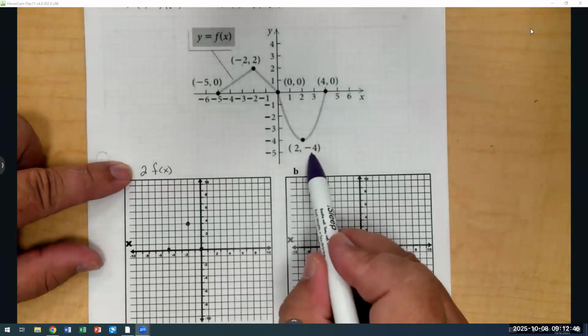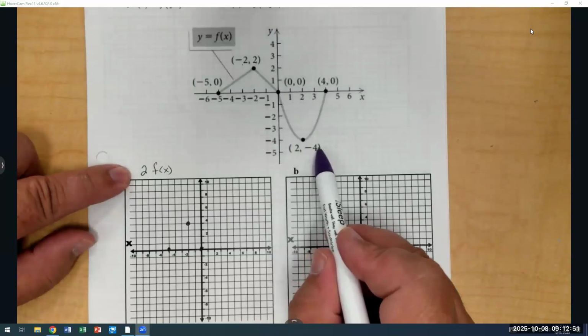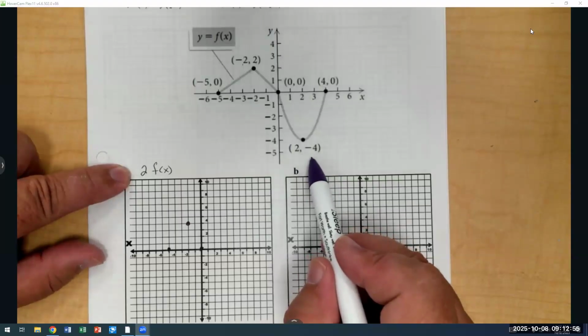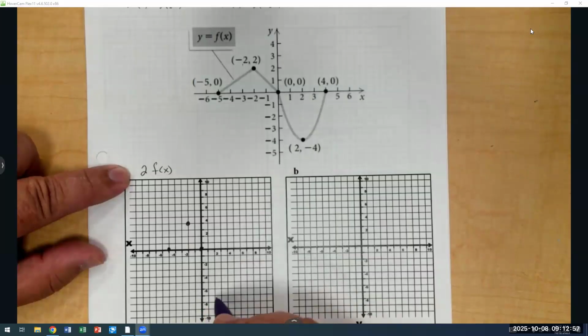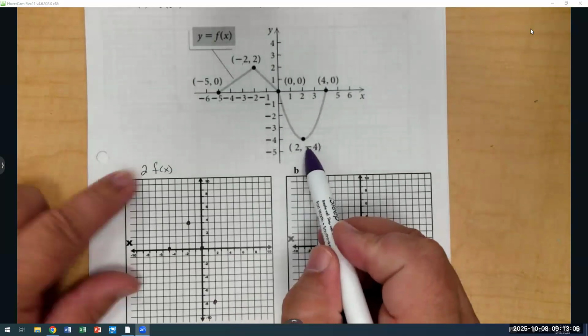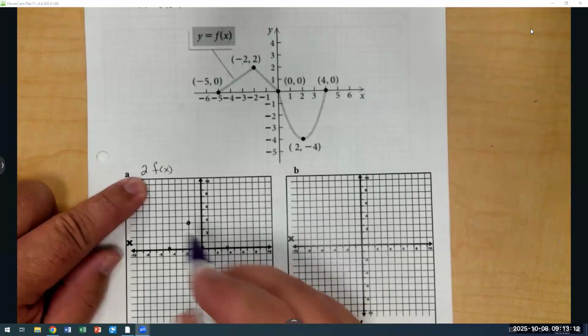What happens at 2, negative 4, if this is my function? What's the new point here? 2, negative 8. It used to be 2, negative 4, but now I multiply negative 4 by 2, so 2, negative 8. And then it stays at 4, 0.